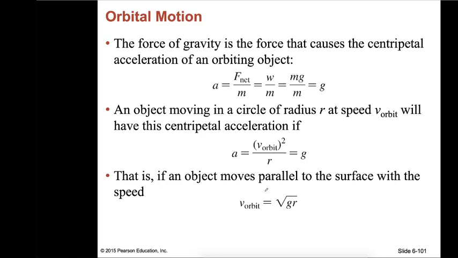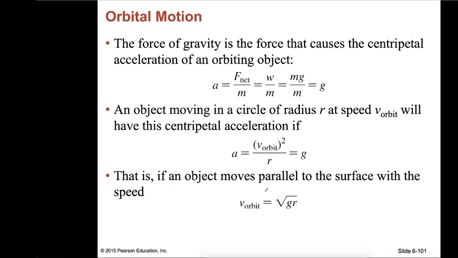And here a is mg over m, because a equals net force over m. This is Newton's second law, and the net force is weight in this situation. Weight is mg. So finally, a equals g.